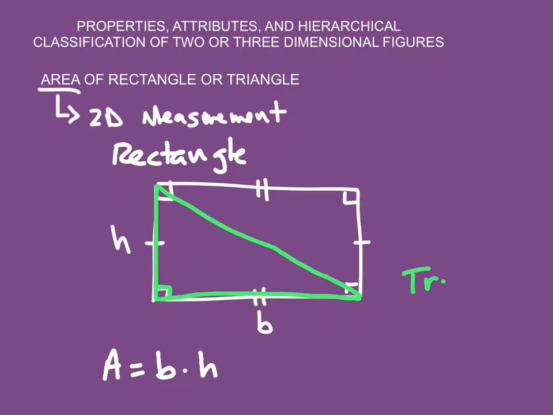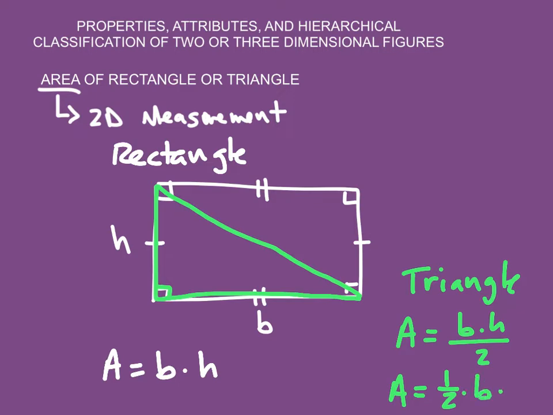The area of a triangle is simply going to be the area is equal to base times height divided by 2, or you could say that that's 1/2 times the base times the height. And so those are the formulas that we use for area of a rectangle or a triangle. And so we have to use the area of a rectangle to figure out what the area of a triangle is, because a triangle is just half of that.